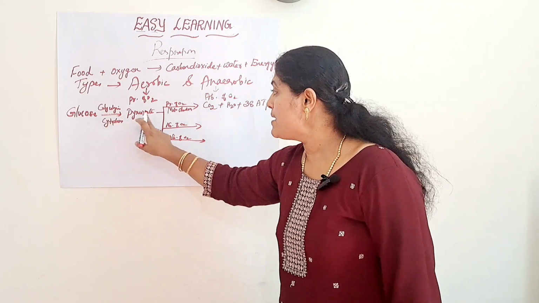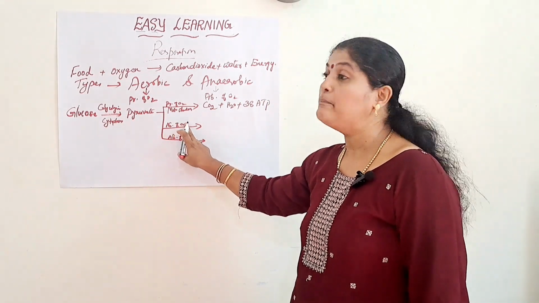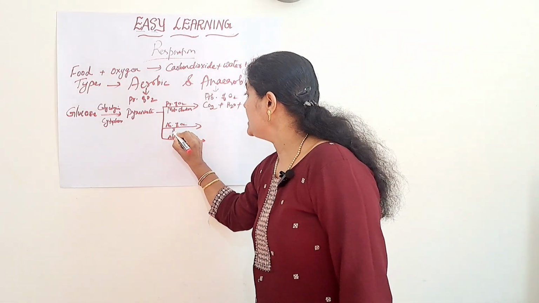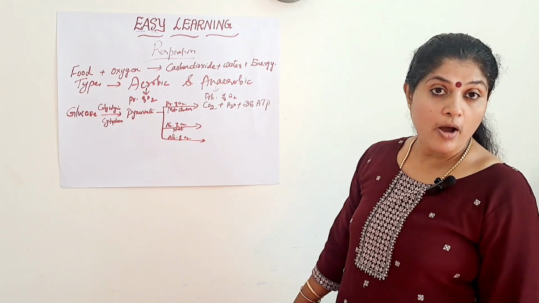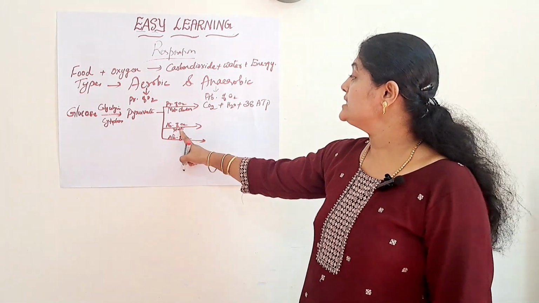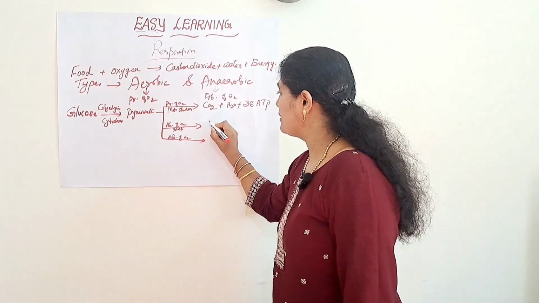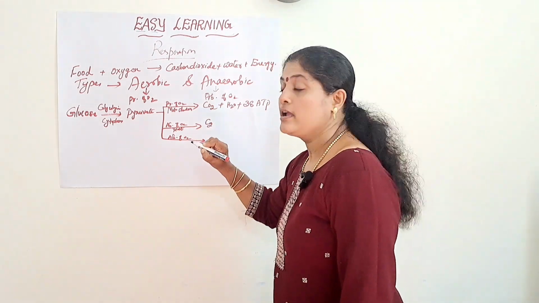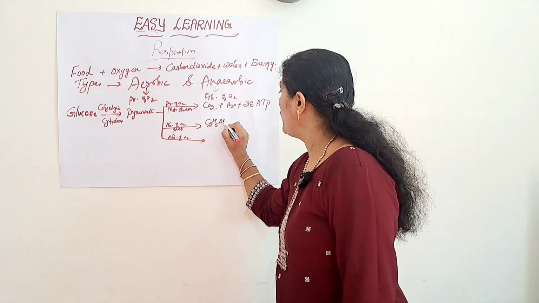Whereas anaerobic respiration takes place in the absence of oxygen in yeast cells. Yeast is a non-green plant which undergoes the process of fermentation. So in yeast cells, it gives ethyl alcohol. I will write the chemical formula, C2H5OH.